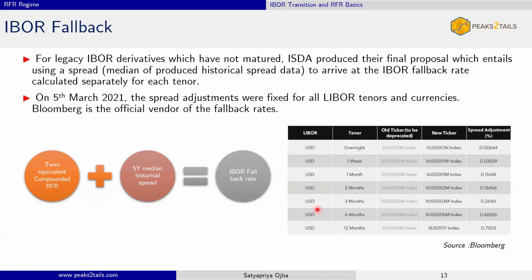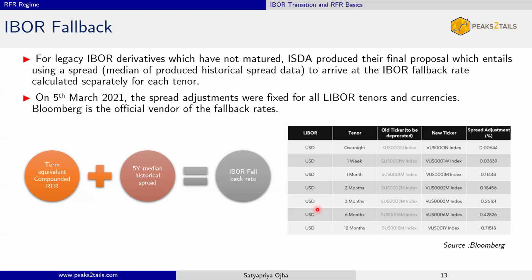There are two ways to calculate this. One is, there is a recommendation for different types of products which reference LIBOR. It could be simple consumer loans like floating rate loans, for example. Banks typically use a floating rate benchmark LIBOR, add some margin and credit spread, and that becomes the floating rate for the customer from a loan product perspective. And there are derivatives which reference a benchmark rate.